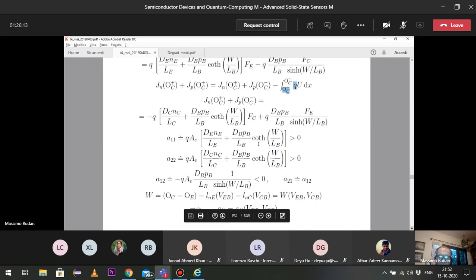We have that the denominator LB here is replaced with W. Then we have the hyperbolic cosine in the numerator, but the hyperbolic cosine, you remember, is second order in the argument when the argument is very small with respect to 1, so we neglect it. It's like having 1 minus W over LB squared.